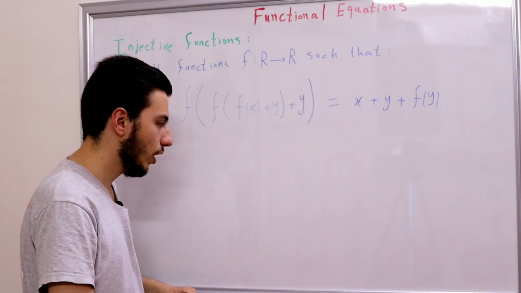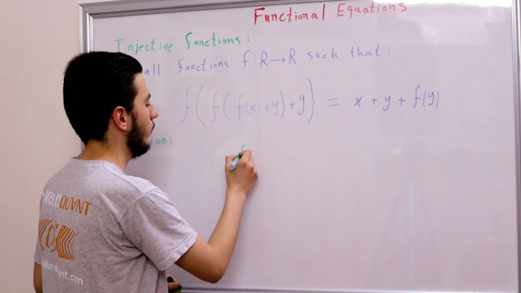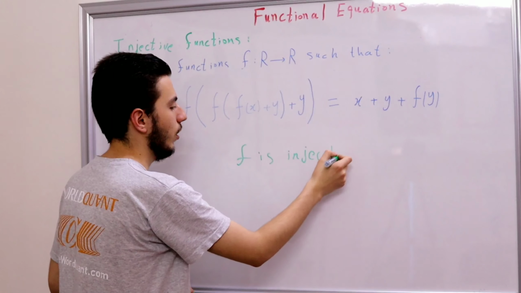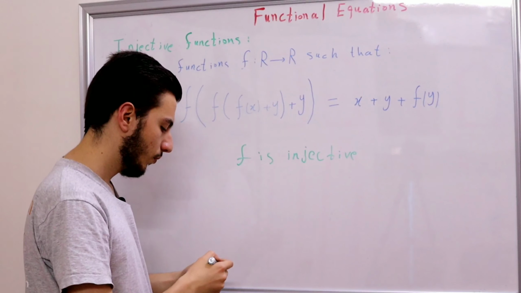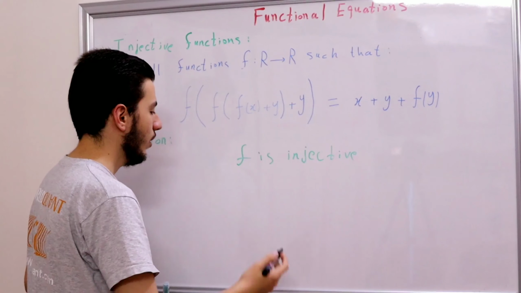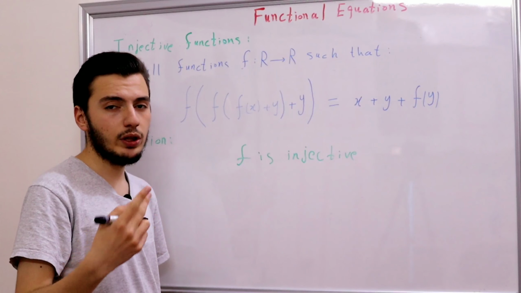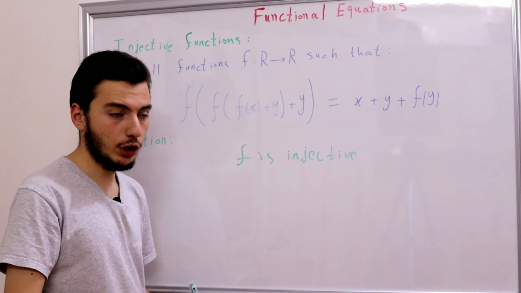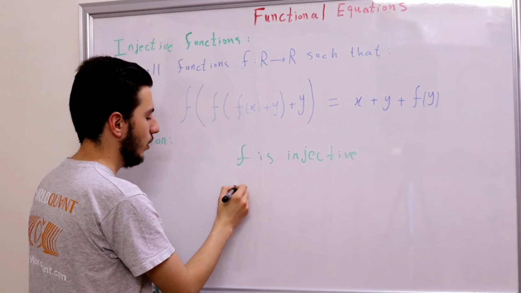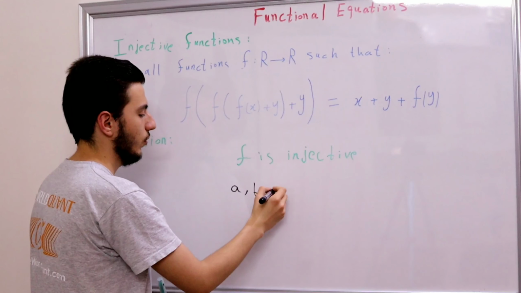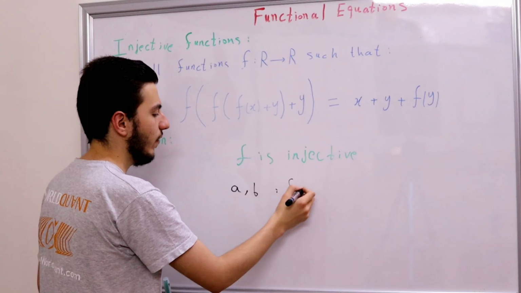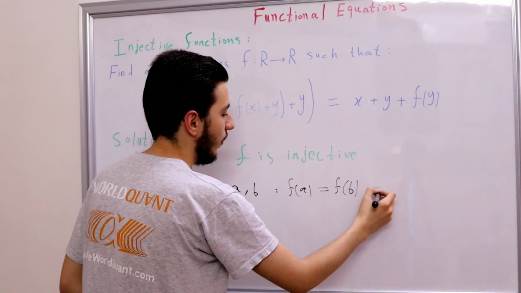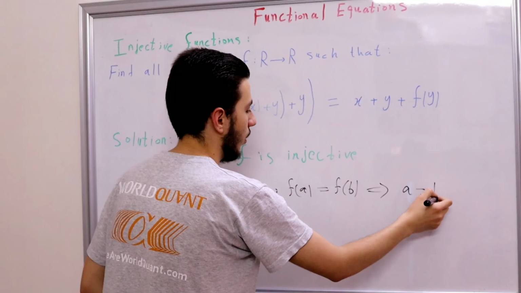We call a function f injective. What does that mean? Well, that means for any two numbers that are in the domain of the function, so for any numbers a and b satisfying f of a equals f of b, we have a equals b.